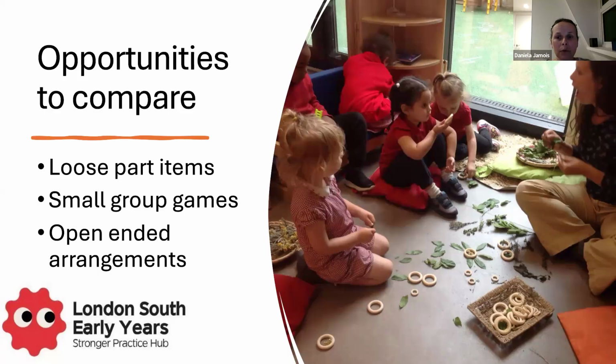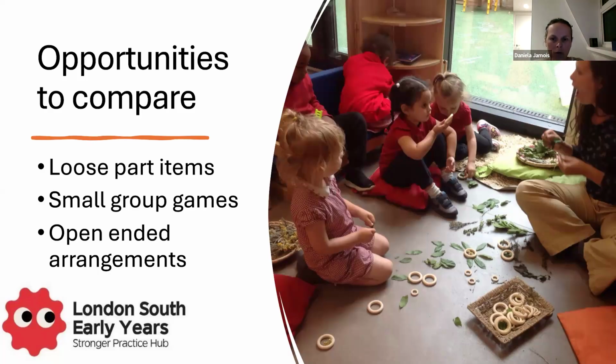Now, the starting point of looking at the difference in amounts might be using loose parts and having a little group session where you allow the children to quite freely make arrangements, and then you can add in what you notice and narrate what you see the children gathering.